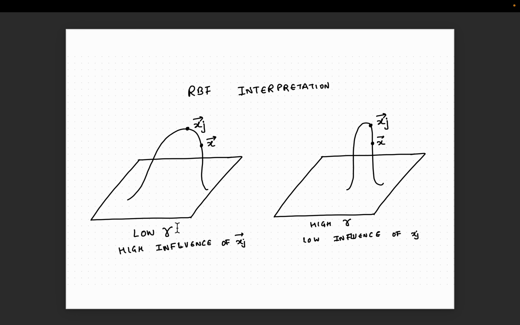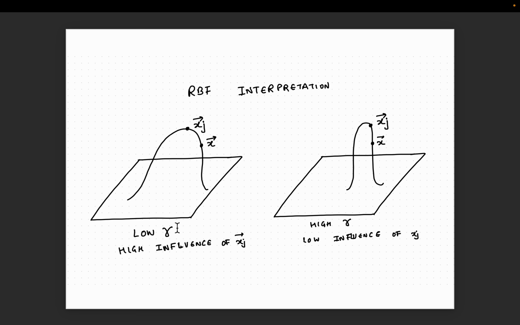Now, we said that there is a notion of gamma associated with the RBF kernel. I am also saying that it is trying to encode the similarity, or how far points influence in describing the other point.